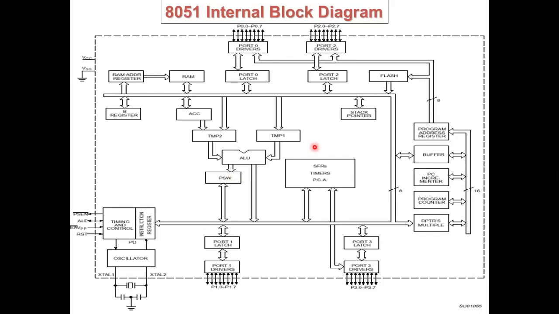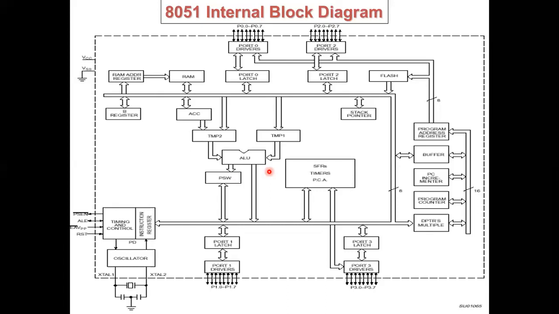Okay. Then PSW, that is the program status word. Already in 8085 we discussed the flag register. So here they changed the name only, same as that. The program status word shows the status of what happened in the arithmetic or logical operation process.